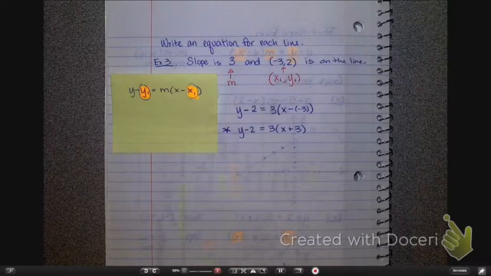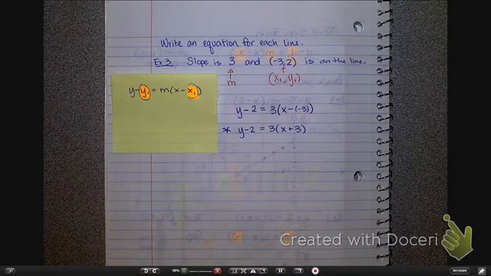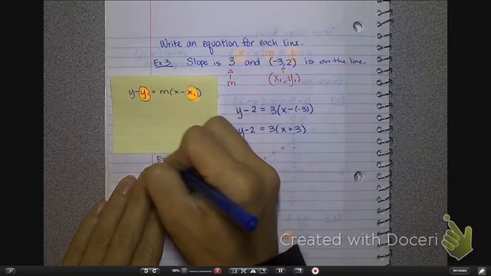So you're going to have some problems on your homework tonight where it asks you to do this. So you need to be able to identify the slope, the x1, the y1, and then plug them in and simplify if necessary. Okay, we're going to do another example like this.